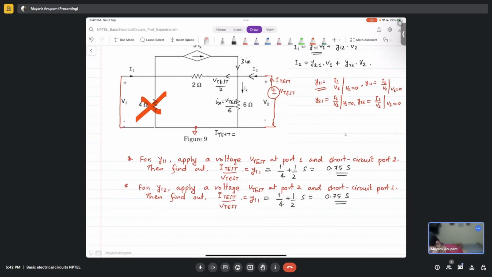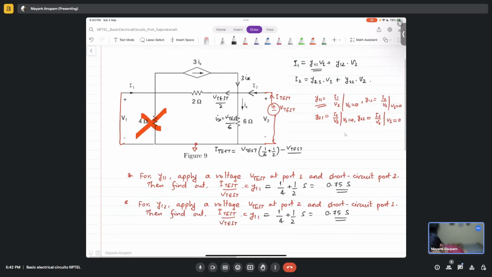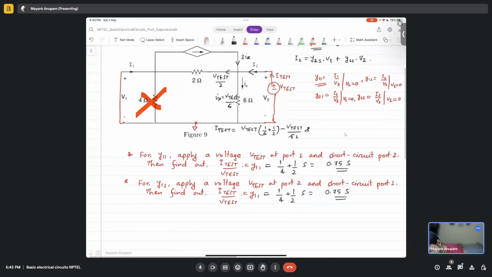I test is V test upon 6 plus V test upon 2, so 1 over 6 plus 1 over 2, minus 3Ix. What is Ix? Ix is V test upon 6. So 3Ix is V test upon 2, right?